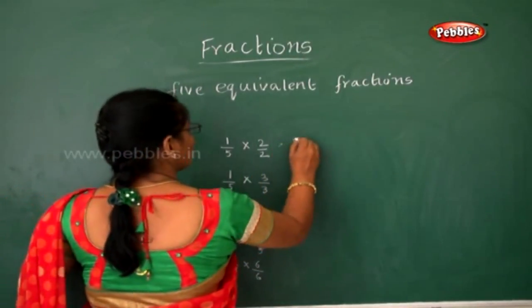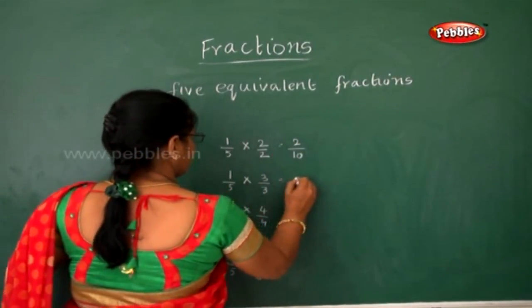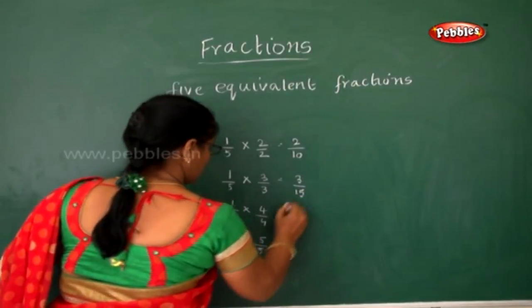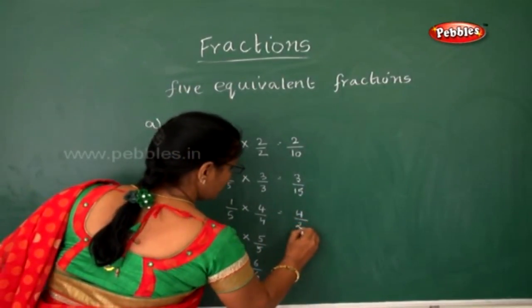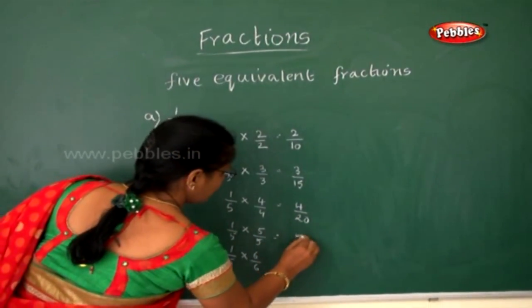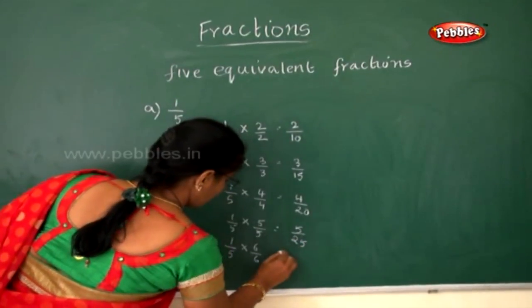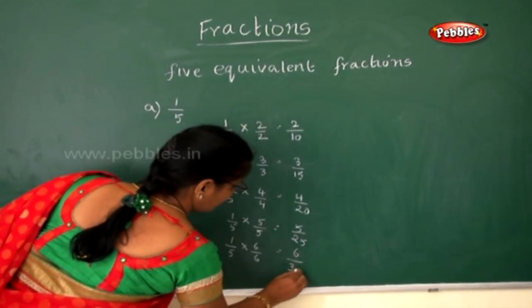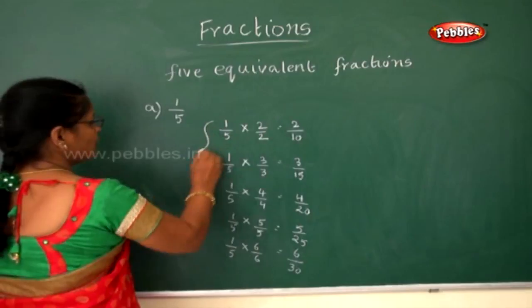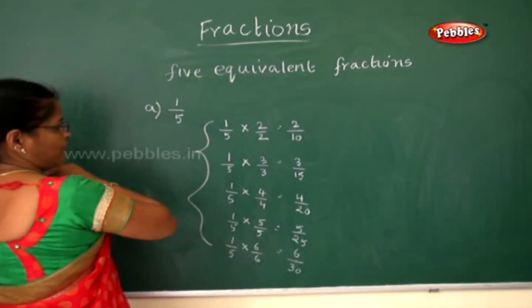That gives 2 by 10, 3 by 15, 4 by 20, 5 by 25, 6 by 30. This is how you will do the equivalent fractions for 1 by 5.